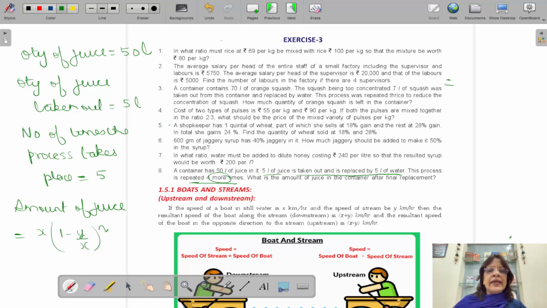So it will be x is 50, into 1 minus 5 upon 50 to the power of 5.